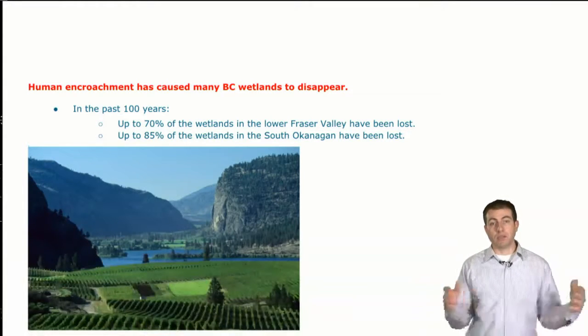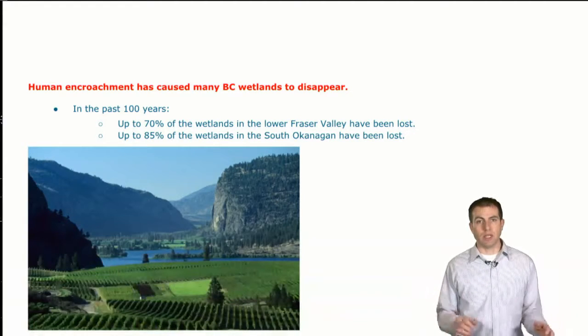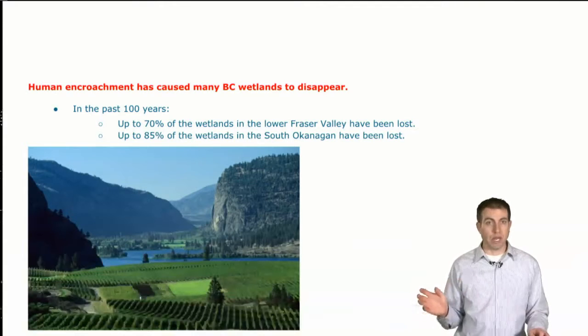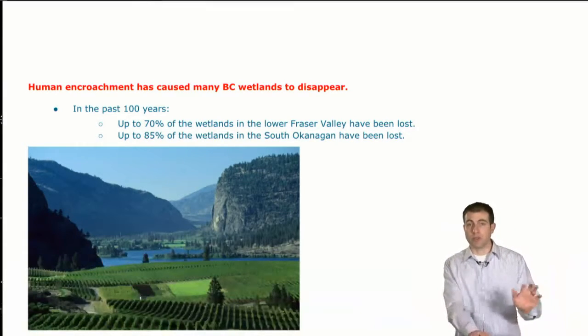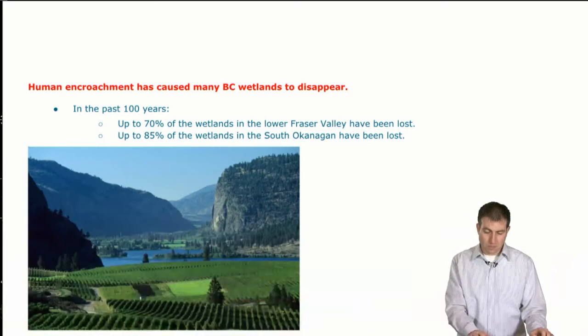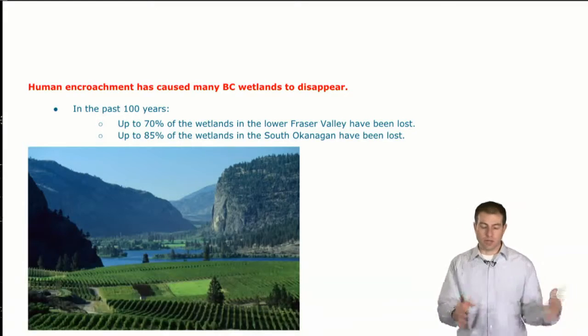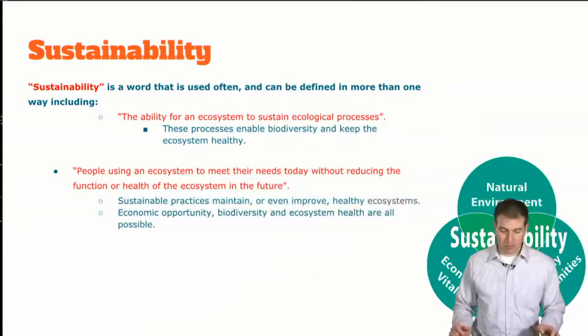We've taken these big fields and covered them in farmland for cows to graze or growing berries. Think about the Chilliwack, Abbotsford area, the South Fraser Valley, it's just covered in plants. So instead of having these wetlands that absorb the water and prevent flooding, we've wiped them out. So that's what's happened to our wetlands.